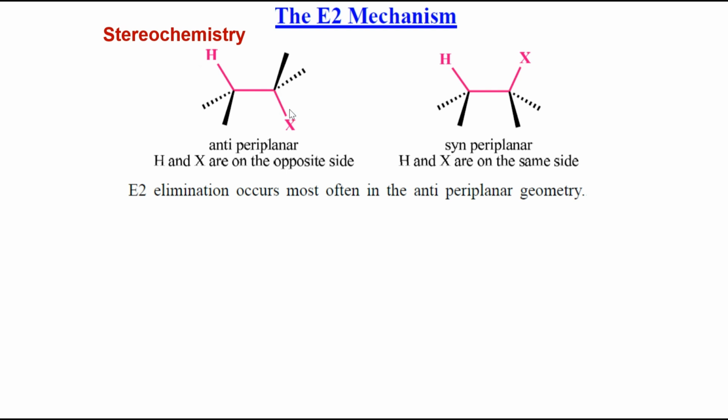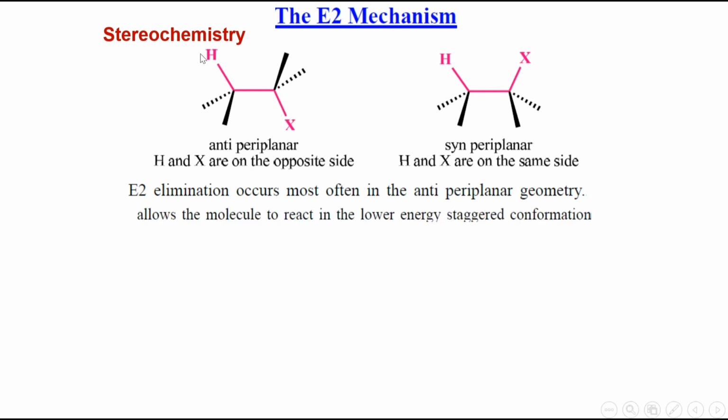Why is it so? It is said that when it is in anti-periplanar geometry, the molecule exists in the staggered conformation. If it is in the syn-periplanar geometry, it will be in the eclipsed conformation. As we know, the staggered conformation has a larger torsion angle of around 180 degrees.